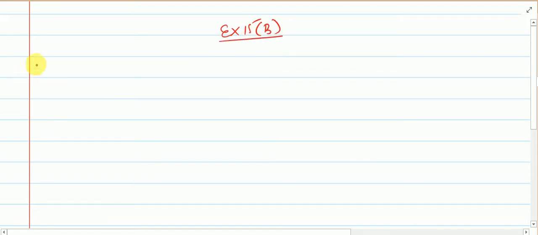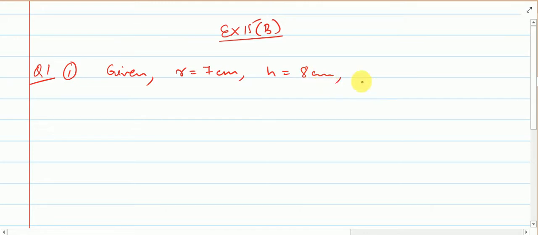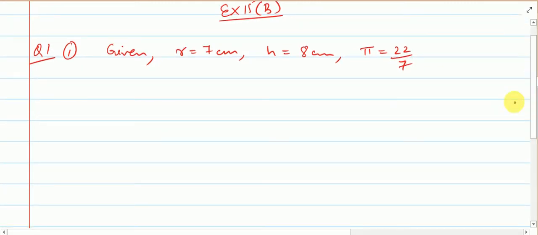So exercise 15b, question 1 given. Here we have been given r equal to 7 centimeter and height is equal to 8 centimeter, and pi we are supposed to use 22 by 7.